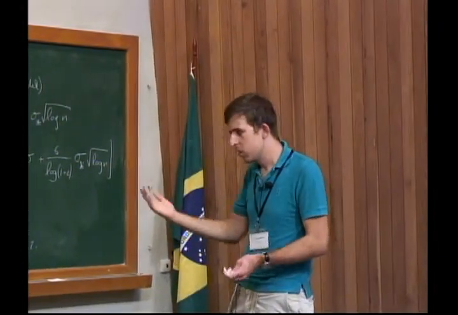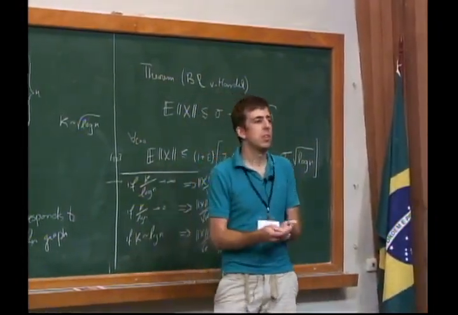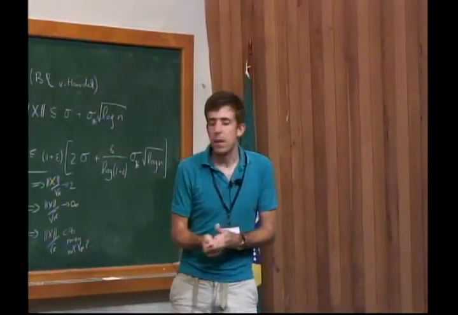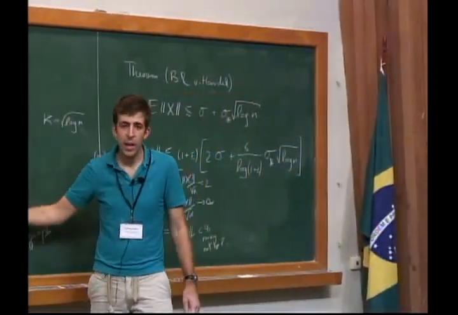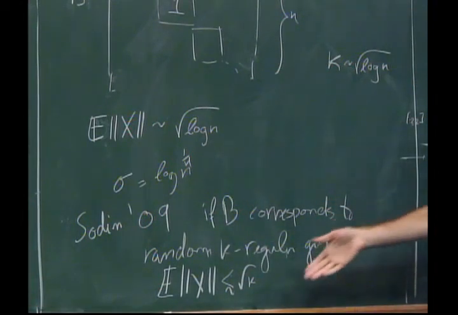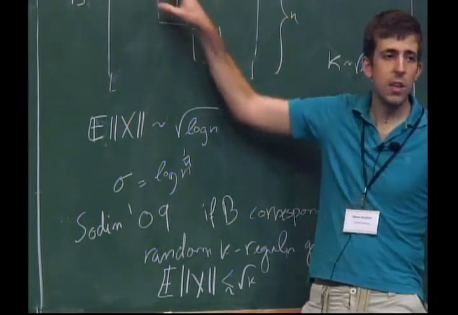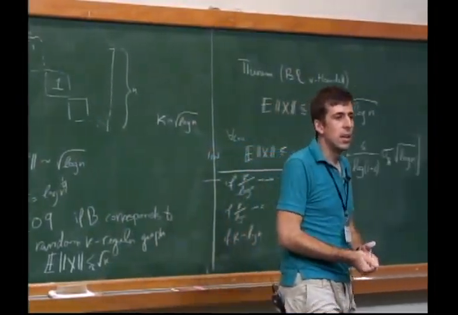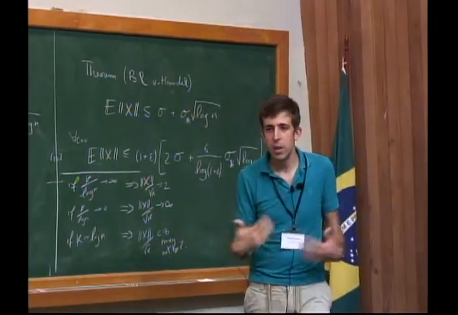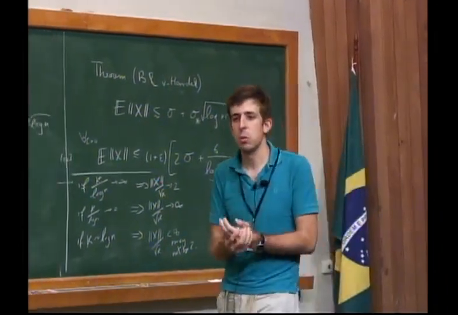And what I think is an interesting open problem is to understand exactly what are the properties in the graph that explain when the extra log n to the 1/4 is there or when it's not. So we know that for a random regular graph it's not there, even for k very small. But if we pick graphs that start looking like this, it is there. And we really don't know what are the properties of the graph that make the distinction between one and the other.